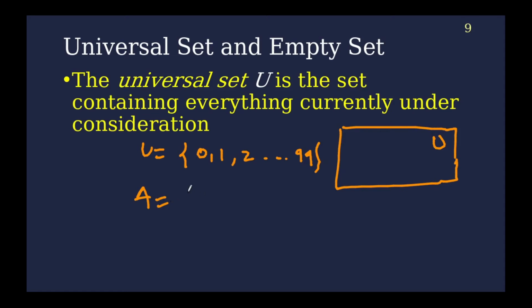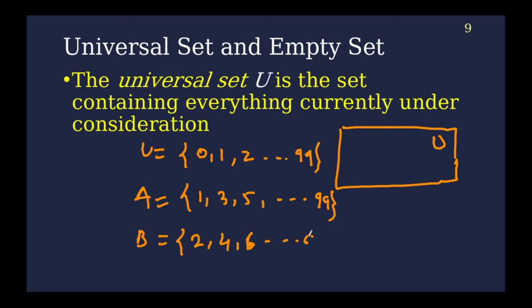Let us define set A. Set A is the set of odd positive integers, so it will be 1, 3, 5, dot dot dot, up to 99. And set B is the set of even positive integers, so it will start from 2, 4, 6, dot dot dot, 98.